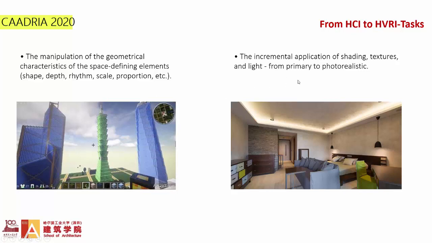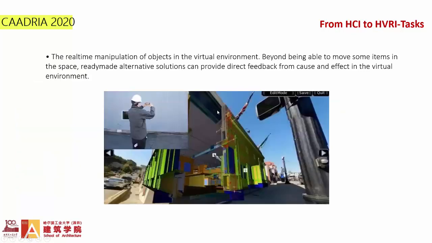And then, of course, the incremental application of shading, texture, and light from primary to photorealistic, to the extent where you can have a much more realistic experience in virtual reality, and real-time changes to the environment.